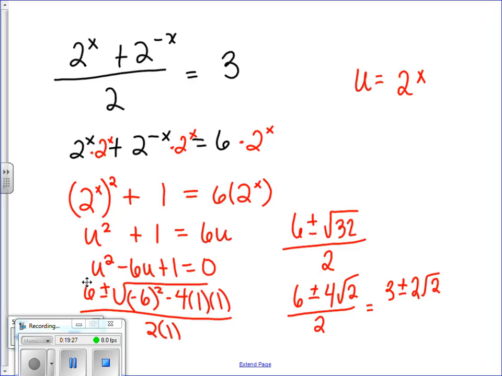You can check these in your calculator. Put this exact thing in your calculator, but you have to do it 2 times. You can't put plus or minus in your calculator.